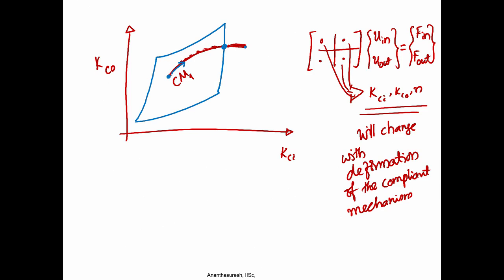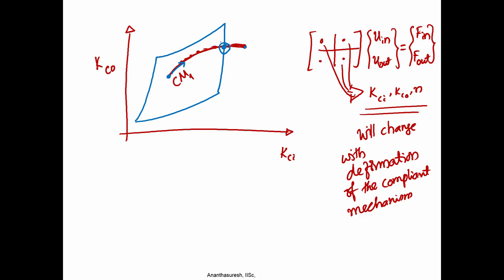So, final is here, initially it may be inside, when you apply basically 0 force, but as you apply the force, KCI and KCO of the mechanism are going to change, it may end up here. So, it does not satisfy, but up to what point we can satisfy we will be able to know. So, the concept of selection maps with stiffness maps, inertia maps, both are feasibility maps.